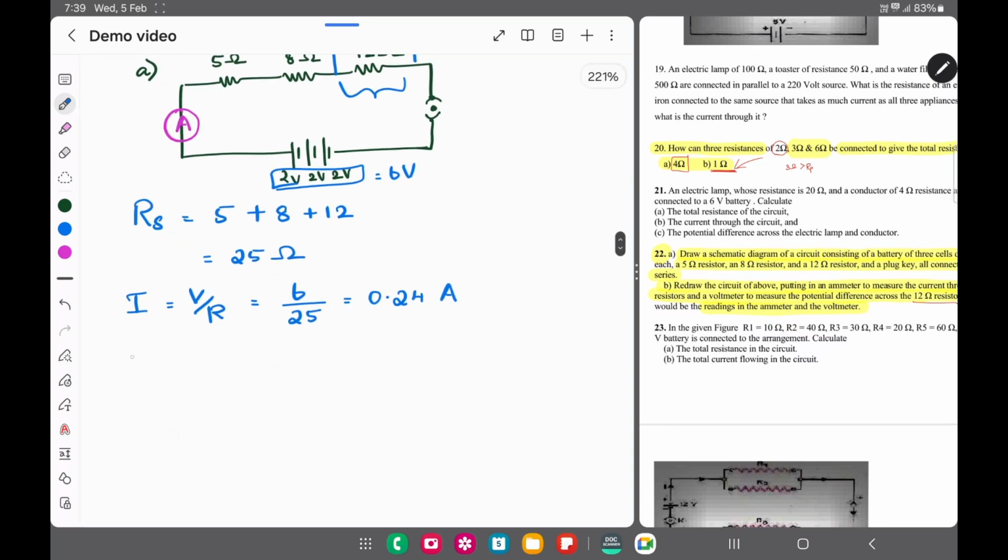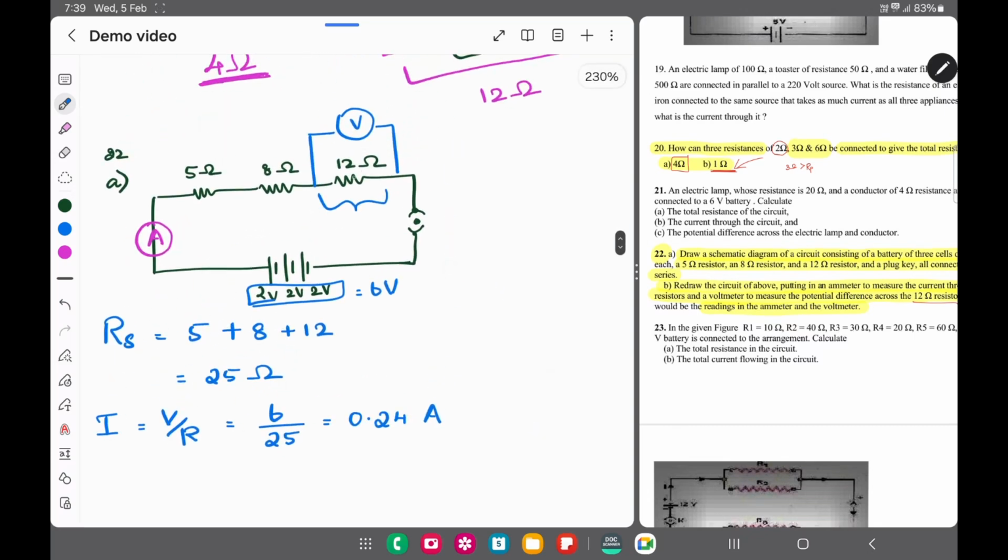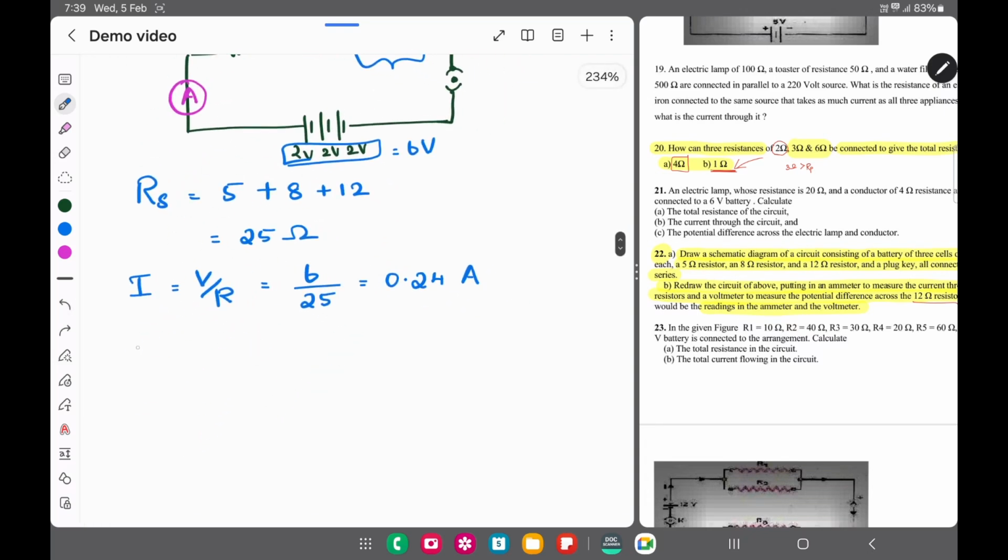Now what should we do? What's the voltmeter reading? Voltmeter is connected across the 12 ohm resistance, right? So voltmeter reading, so V across the 12 ohm resistor. Another potential difference, V is equal to IR. So here I times R, what is it? 12 ohm, right? So I is 0.24 ampere into 12 ohm, right?